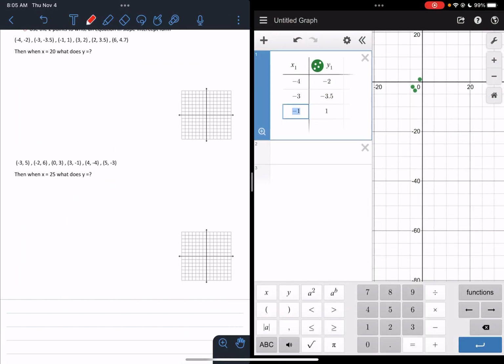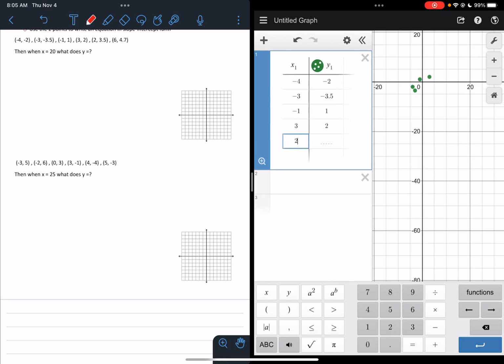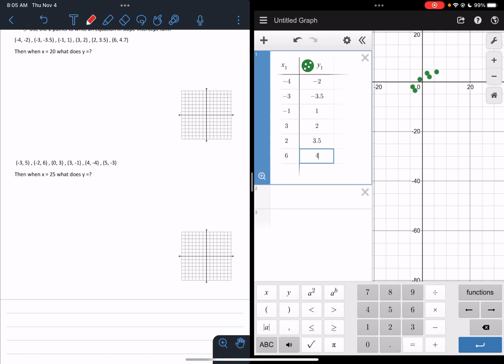There we go. 3, 2. 2, 3.5. And 6, 4.7. So those are each my ordered pairs. Just double checking to make sure that those are all right.